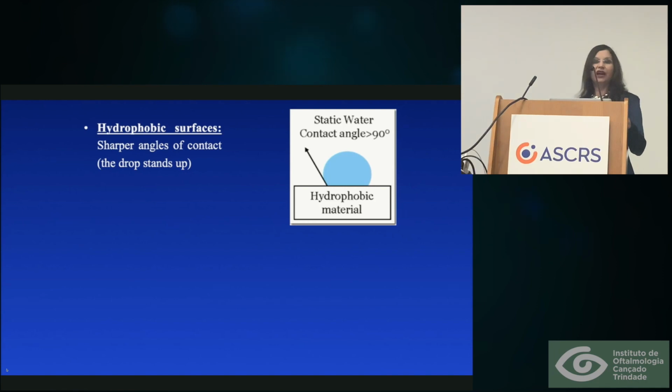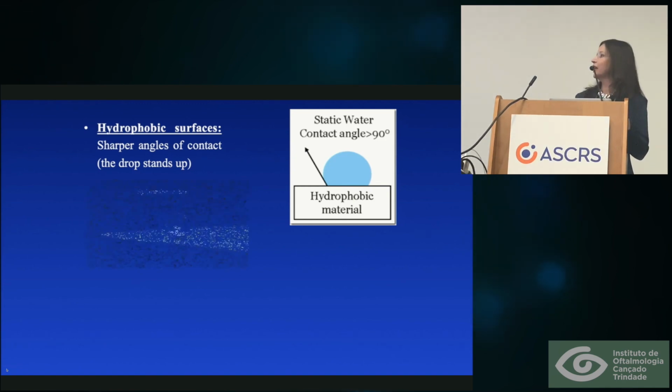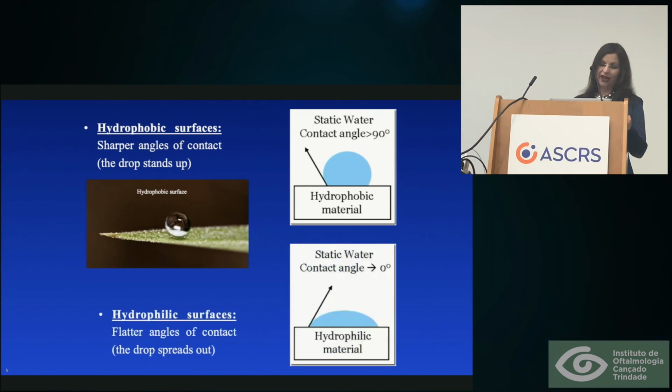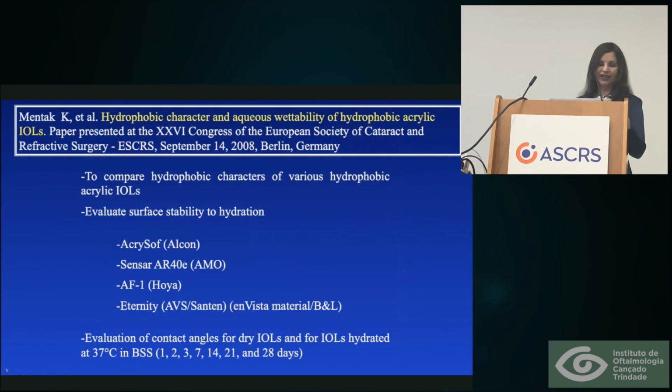So as you can see, a hydrophobic surface will produce sharper angles of contact with the water, so the drop is going to stand up, as you can see here in this image. However, if you have a hydrophilic surface, there will be flatter angles of contact in water, so the drop is spreading out. So that's basically how you characterize those surfaces of intraocular lenses.